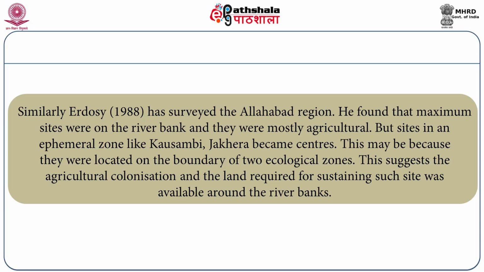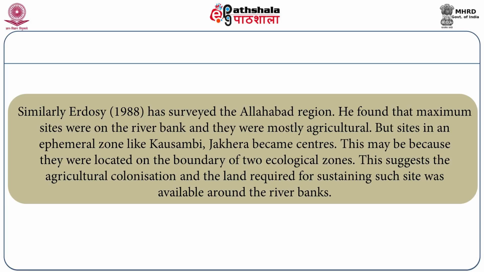So these goods will be in demand in both these ecological zones. As a result of these developments, markets can develop in the boundaries of these two ecological zones. Thus, it can lead to major urban centers. Therefore, in addition to agricultural activities, commercial as well as exchange activities can also lead to urbanization. That is what we understand here.